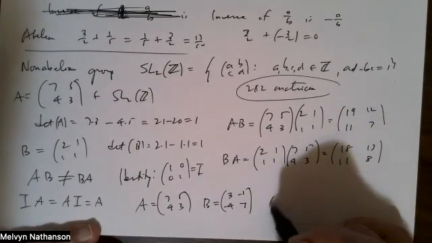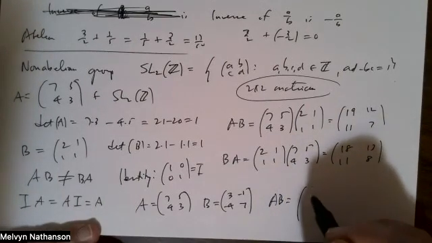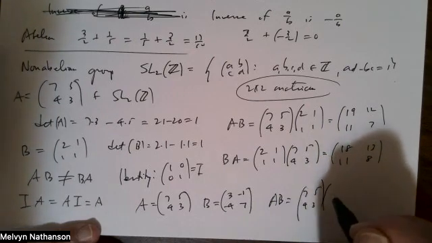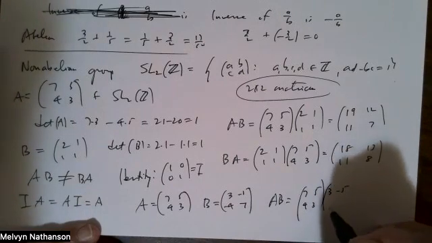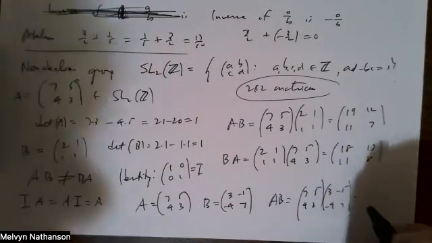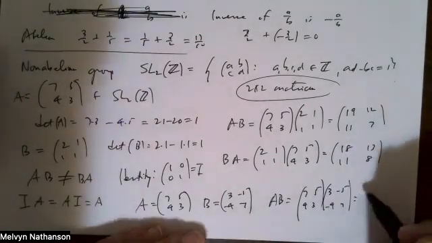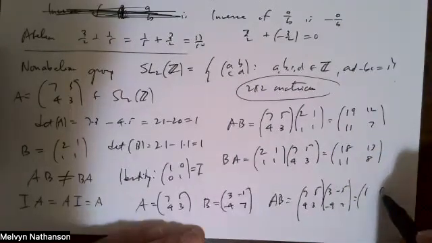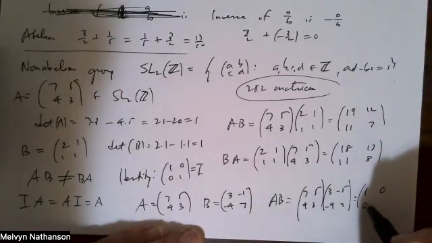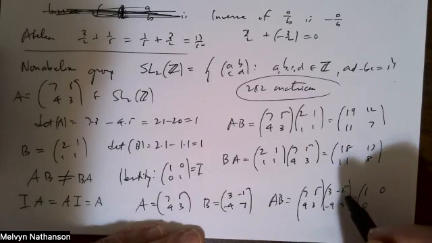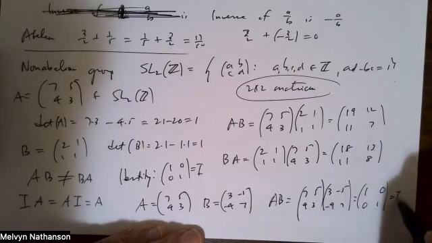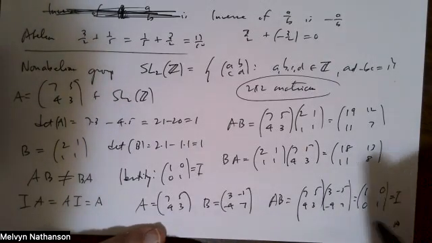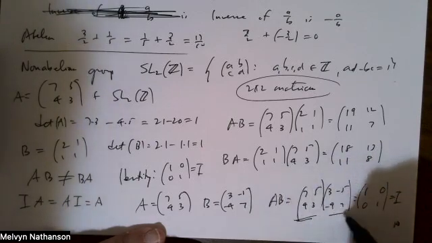Let's see if this works. What is A times B in this case? That's 7, 5, 4, 3 times 3, minus 5, minus 4, 7. And when I multiply, I get 21 minus 20, minus 35 plus 35, 12 minus 12, minus 20 plus 21. Lo and behold, I do get the identity. That's a miracle. So the inverse of this matrix is this matrix.